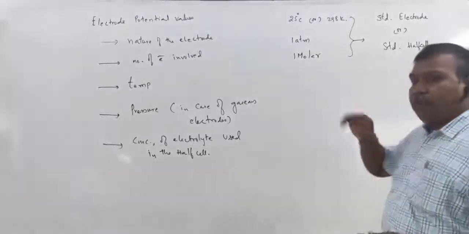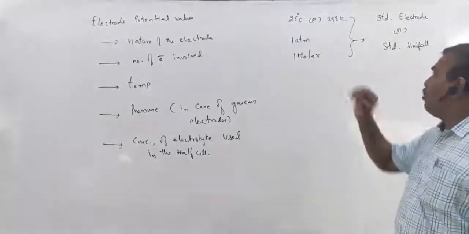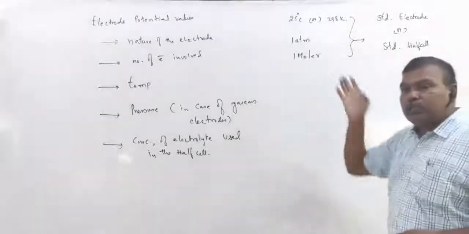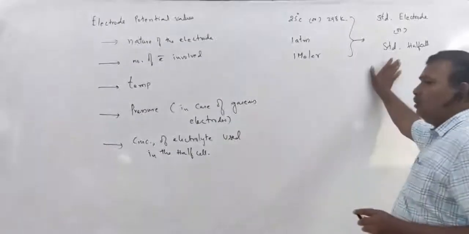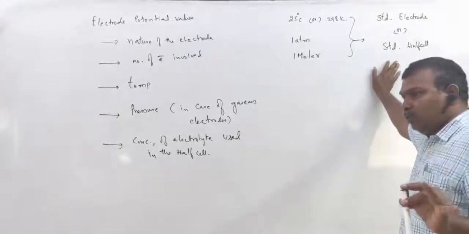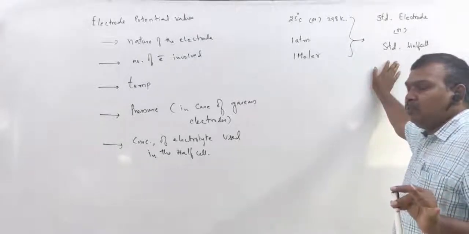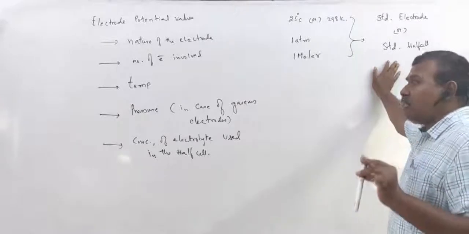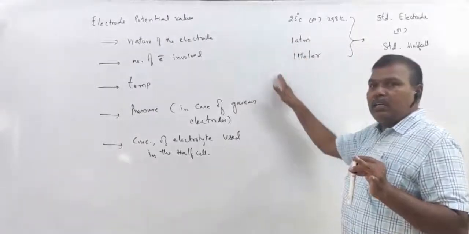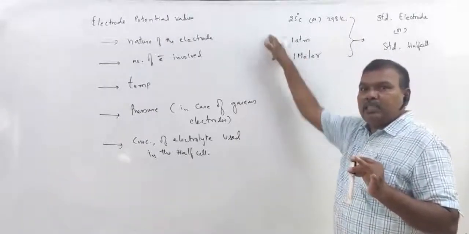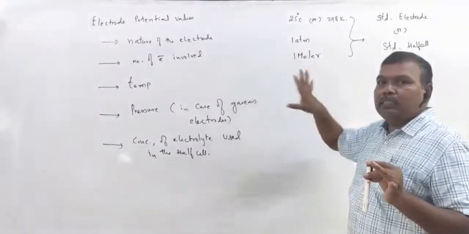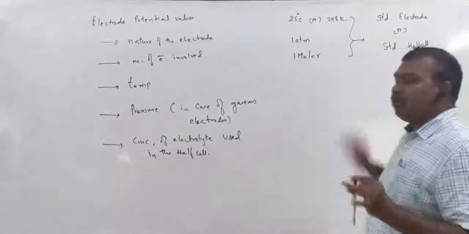Remember, if temperature is not 25 degrees Celsius, if pressure is not equal to 1 atmosphere, or if concentration of the solution is not 1 molar, then it is a normal half cell, a normal electrode. It is not a standard electrode. A standard electrode satisfies these three conditions. If any one condition is not matched, then it is not a standard half cell.